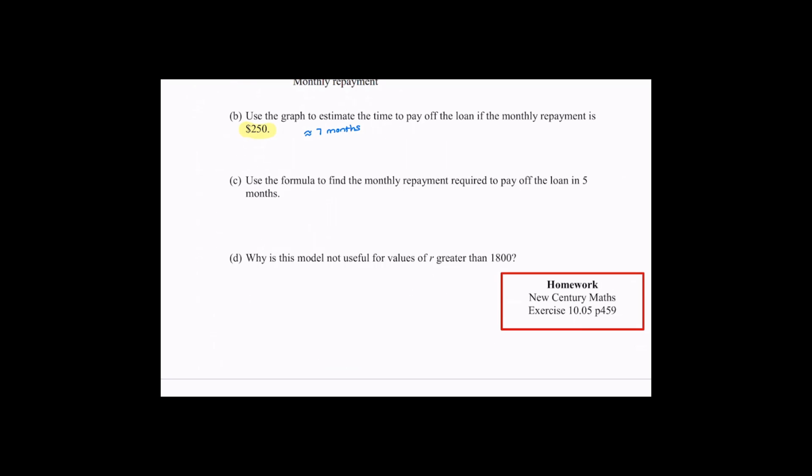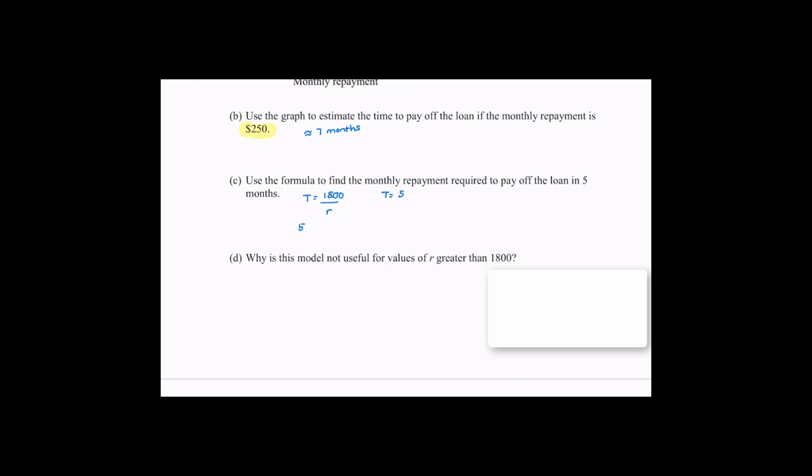Part C says use a formula to find the monthly repayment required to pay off the loan in 5 months. So the formula I'm given is T equals 1,800 over R. In this case, time we're told is 5.